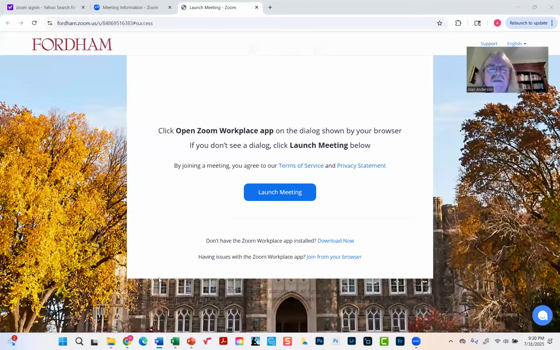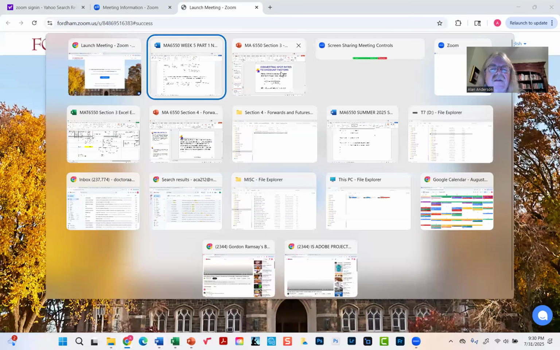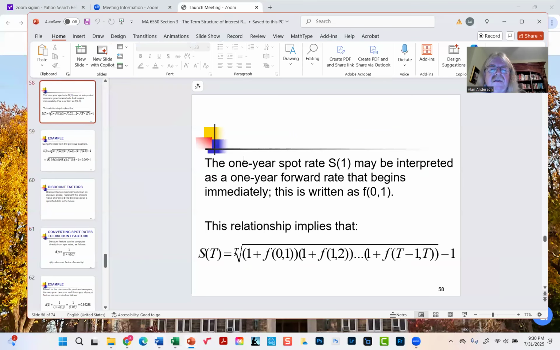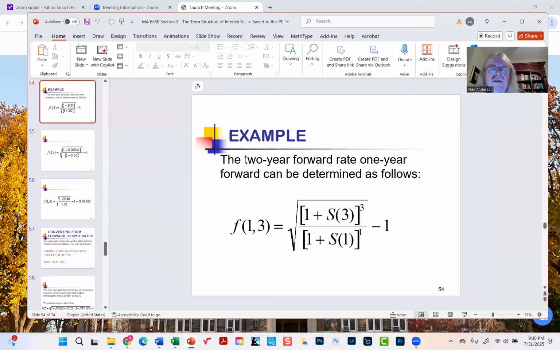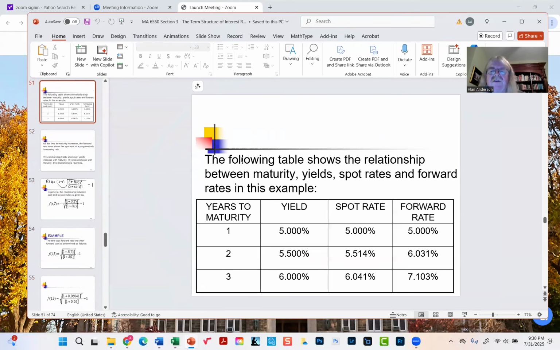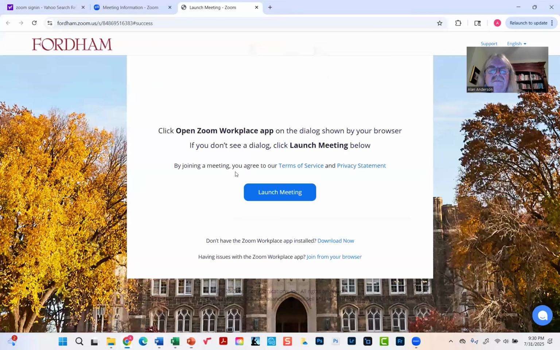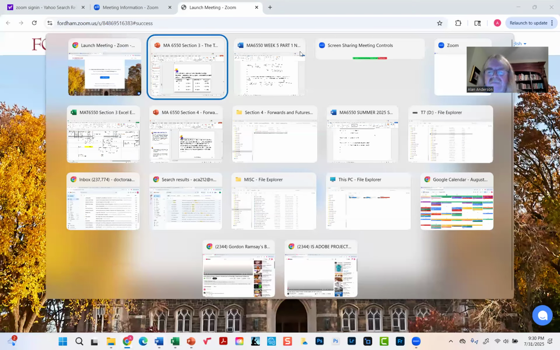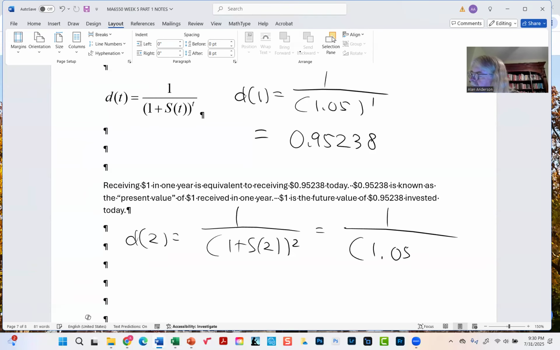So S2 is, once again, I have to go back and find it. Oh, there it is, 0.05514. All right, let's see what that turns out to be.